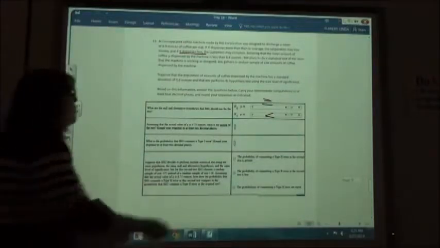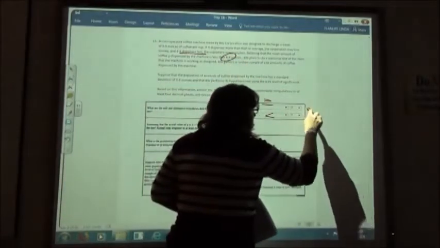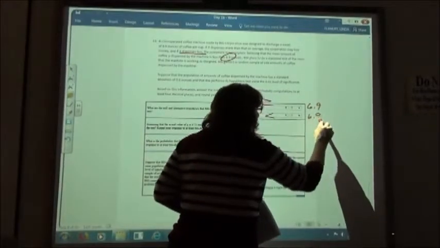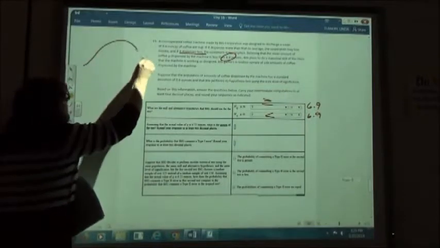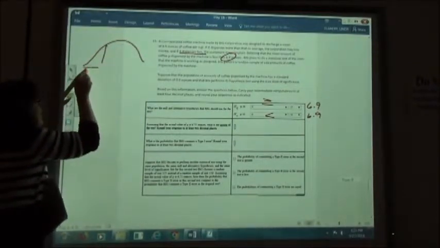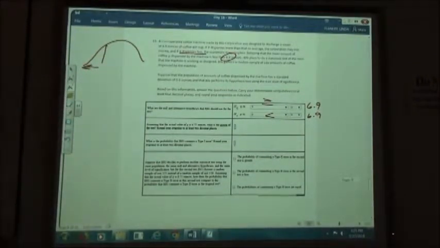If it's not less, it's greater than or equal to. The amount that we're comparing it to, 6.9. So for my null hypothesis, I'm going to do greater than or equal to 6.9. For my alternate one, less than 6.9. Which means we're going this way. We're doing the left side.